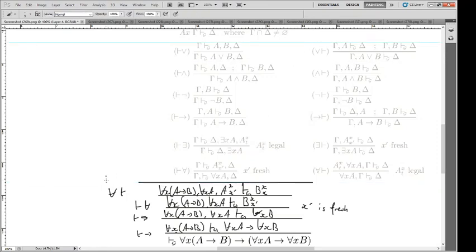So we apply the for all on the right side, and then we, of course, keep this the same as last time. So for all x, A implies B, but then we have A implies B with the x prime substitution, and then for all x A.